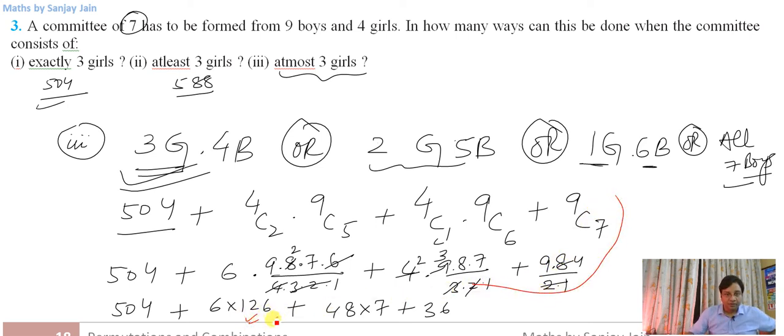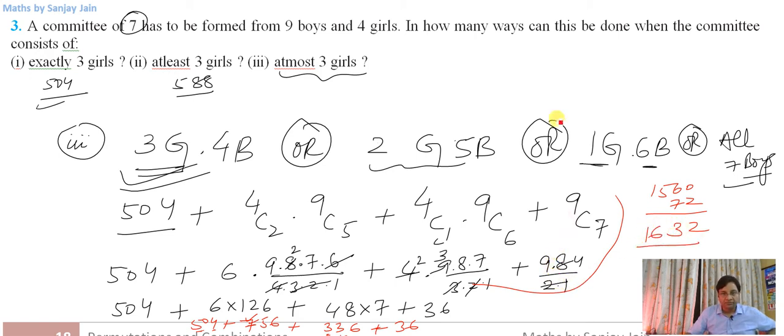This is 756, right? 504 and 756 plus 336 plus 36. 756 plus 4 is 760 and 500 is 1260 and 300 1560 and then 72. So 1560 plus 72 will be your answer. 1632. Right?